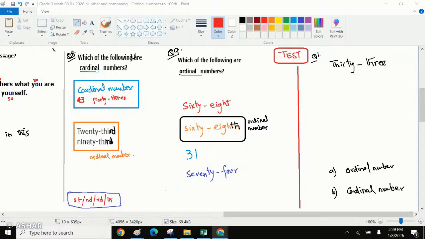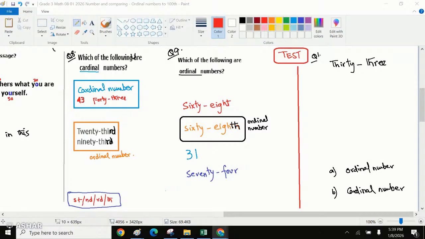See, we know the rule for ordinal numbers is that it needs to end with ST, ND, RD or TH, right? But 33 is not. Okay, focus. Can I have the answer? 33 is an ordinal or cardinal?